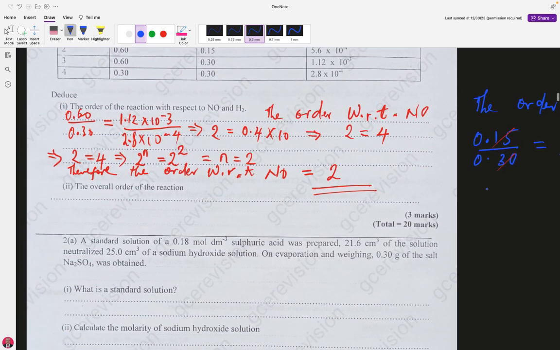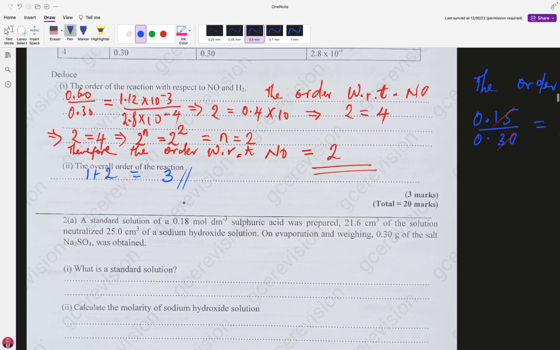Therefore, the overall order of the reaction is 1 plus 2, which equals 3. It's 3. Now let's go to question 3. If we do that, then I think we are already done with that.